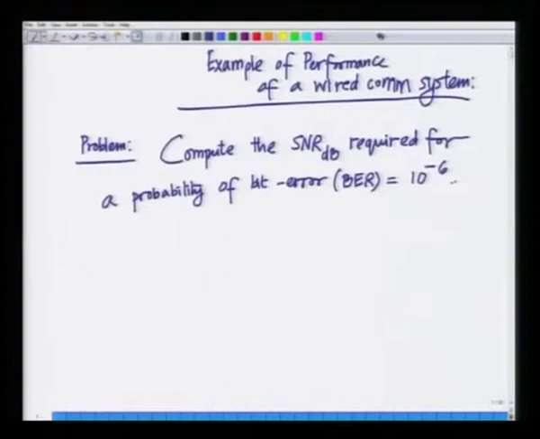So, what is the SNR required to achieve a bit error rate of 10 to the power of minus 6 in this wired communication system?